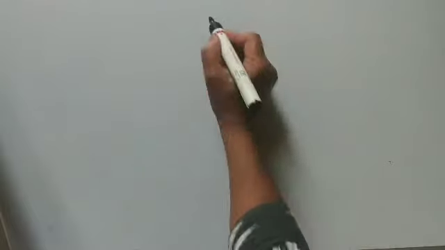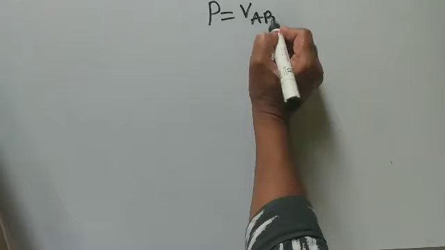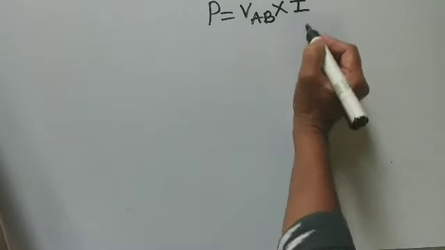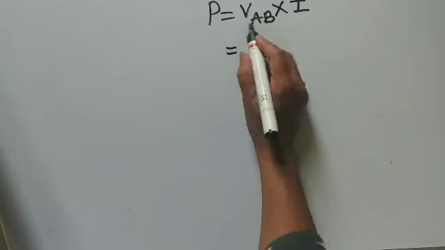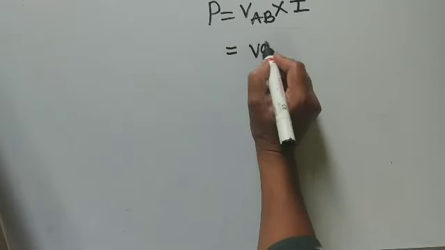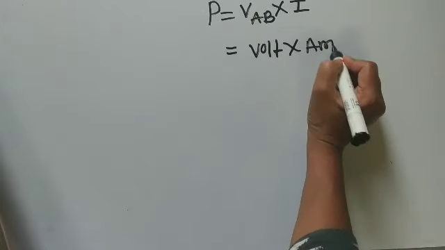Unit of electrical power. Now P is equal to VAB into I, potential difference and current. Potential difference is measured in volt and current is measured in ampere.